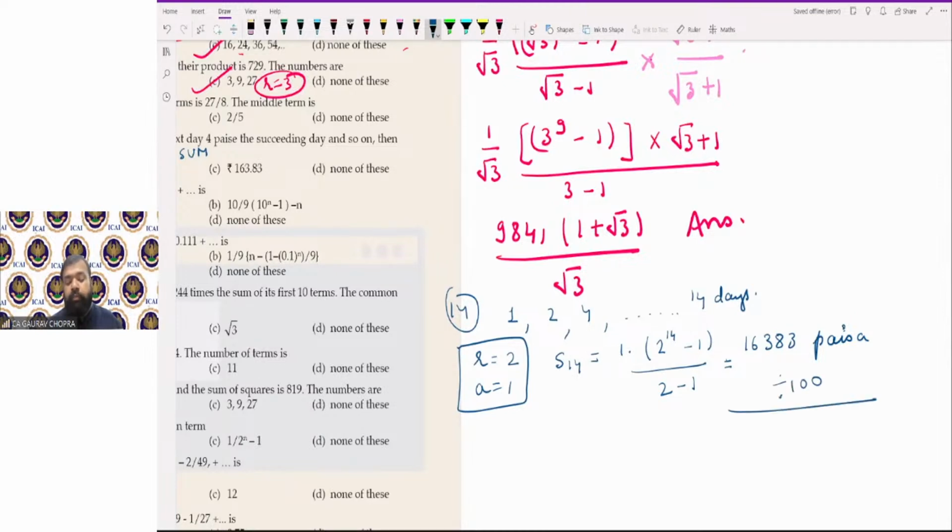It will get converted into rupees. So rupees 163.83 will be your answer. So we have converted paisa into rupees. Okay. So C is your final answer.